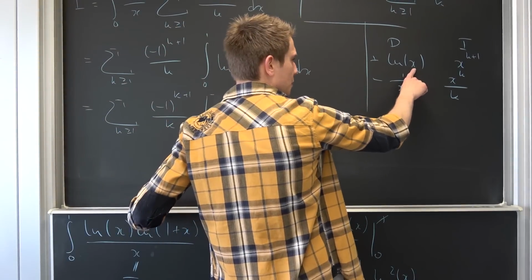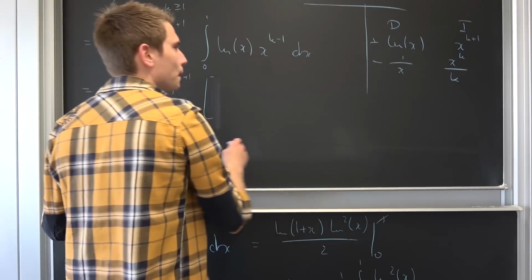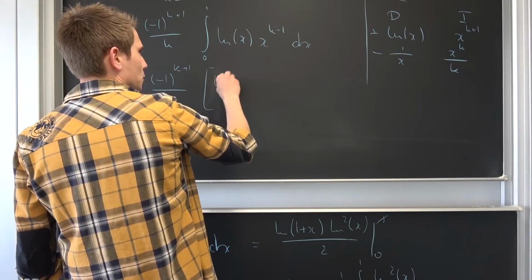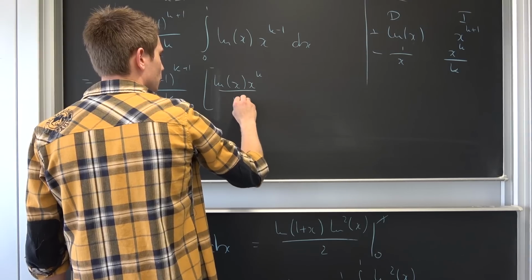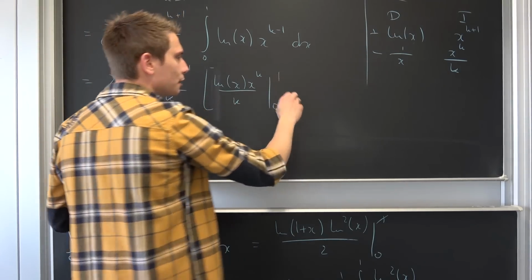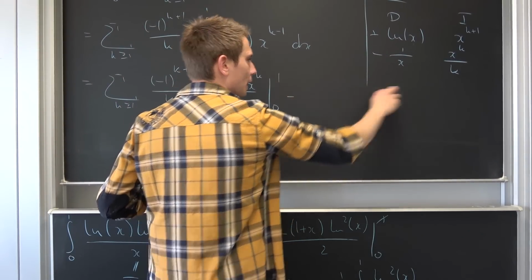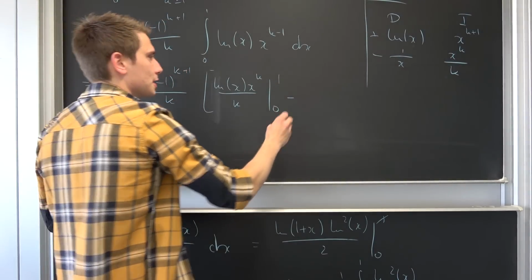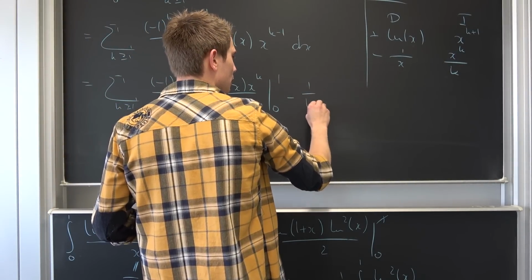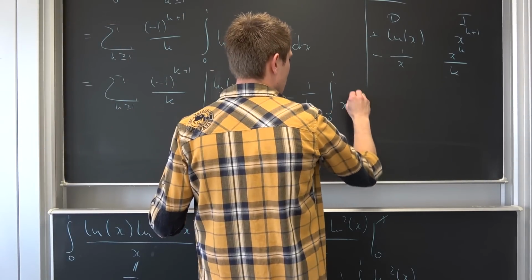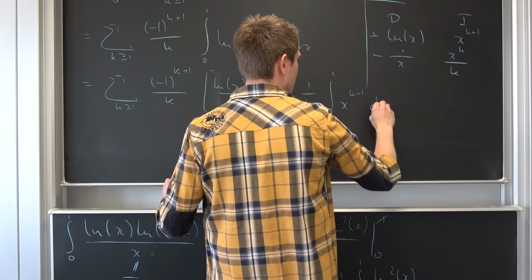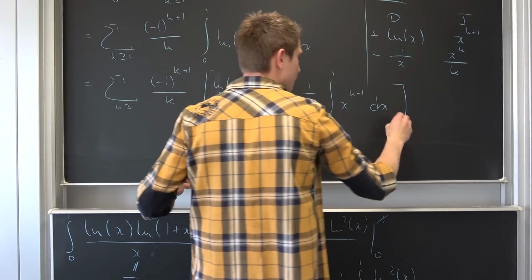Meaning natural log of x times this chunk is going to give us natural log of x times x to the kth power over k from 0 to 1, negative, I'm going to bring the 1 over k to the outside using the linearity of the integral, and then integral from 0 to 1 of x to the k minus 1th power integrated with respect to x.